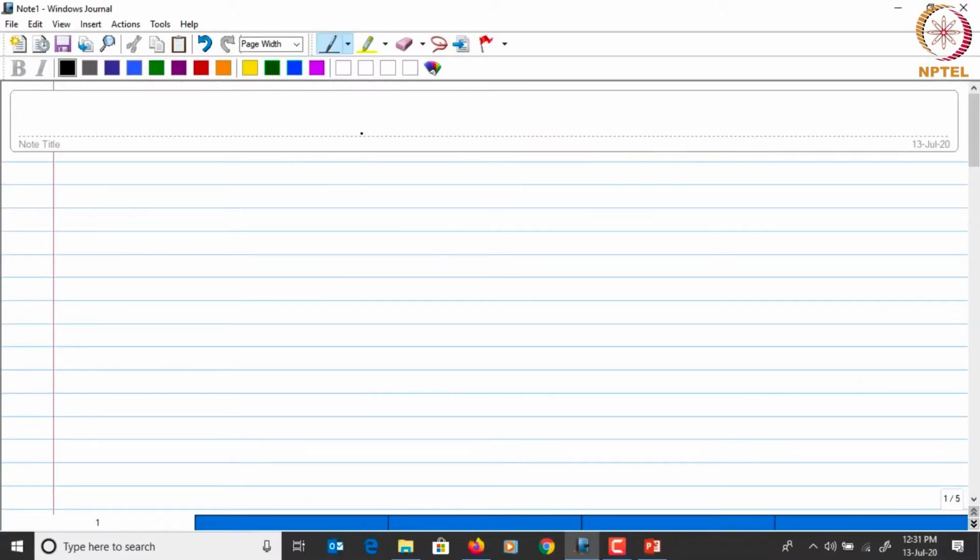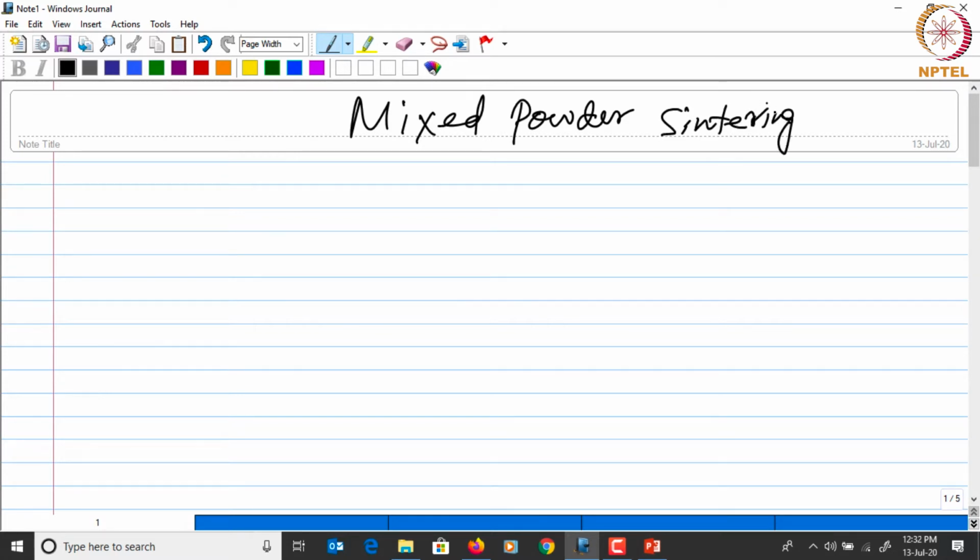So when it comes to sintering of mixed powders, there could be three types of mixtures that you can consider. One, a mixture having different particle sizes or graded particle size.